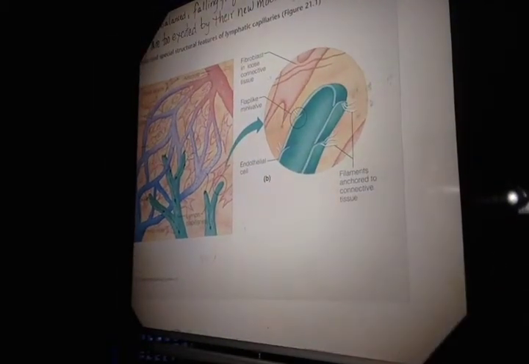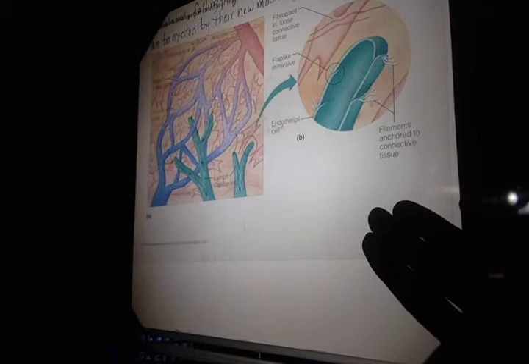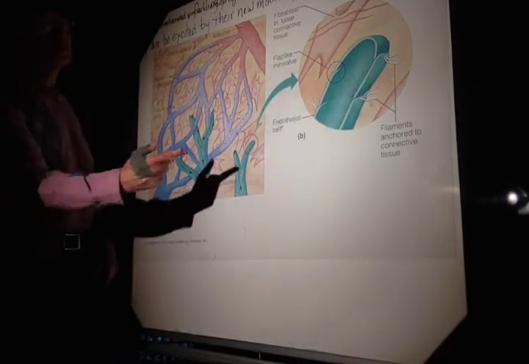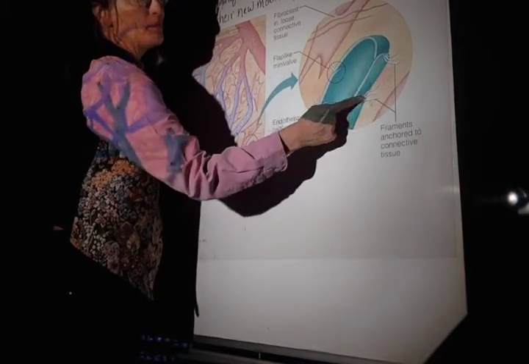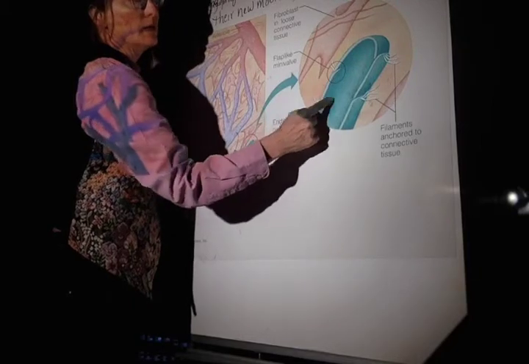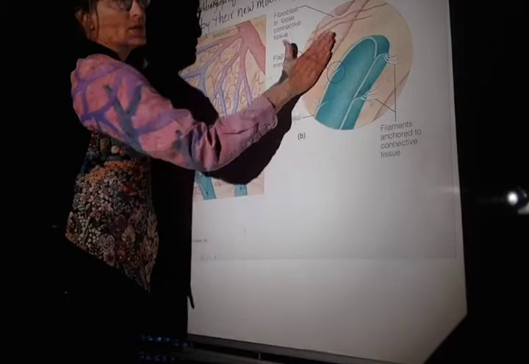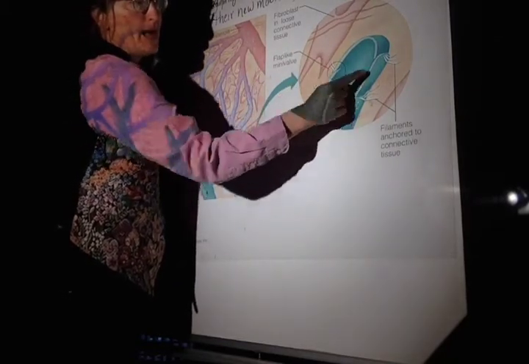Now, these little lymphatic capillaries are like little blind ends. When the pressure out here gets high enough, it forces fluid in through these little flap-like openings.